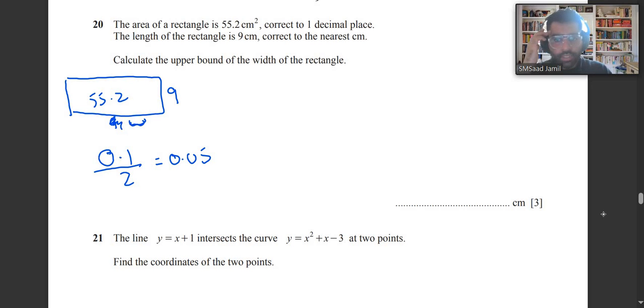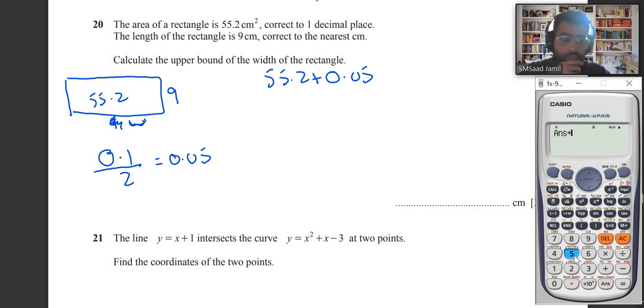If we want to find the upper bound of the width, the area of the rectangle should be biggest, and the length of the rectangle should be smallest. If you have a very big area and a very small length, the width would automatically become the biggest. So we will do 55.2 plus 0.05, it's 55.25.